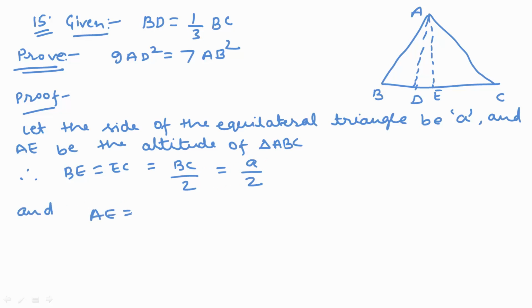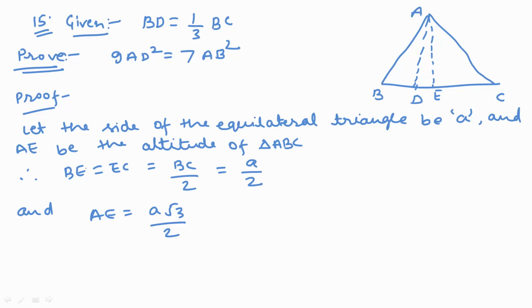AE will be equal to A under root 3 by 2, the altitude of the right angle triangle AEB. You can find it by applying the Pythagoras theorem in triangle AEB. The value of AE will be equal to A under root 3 by 2.